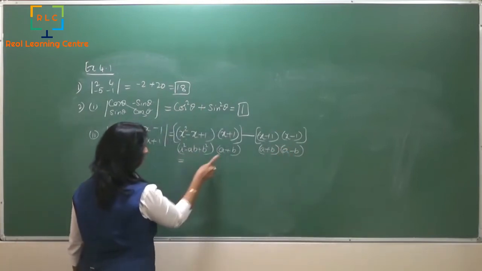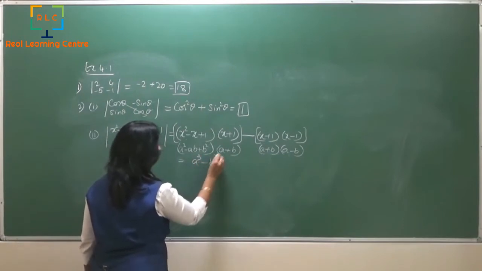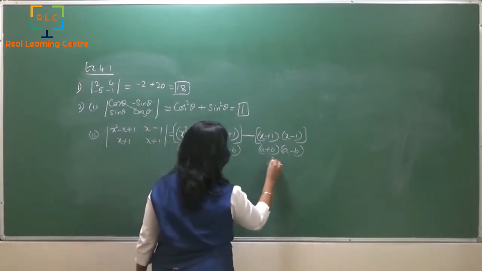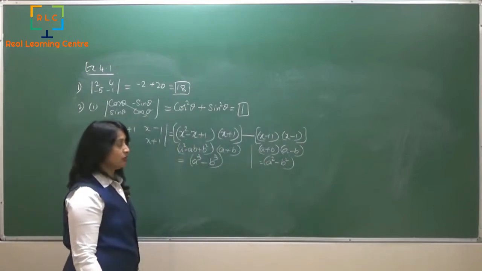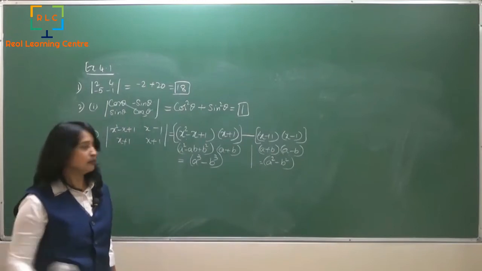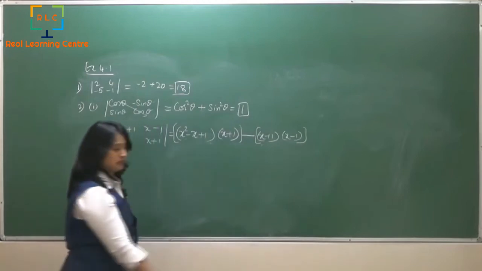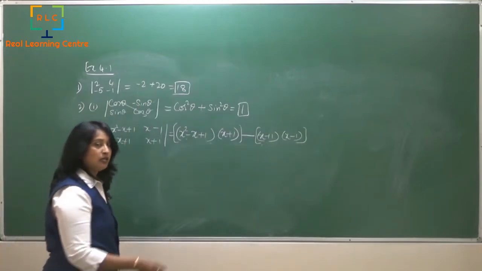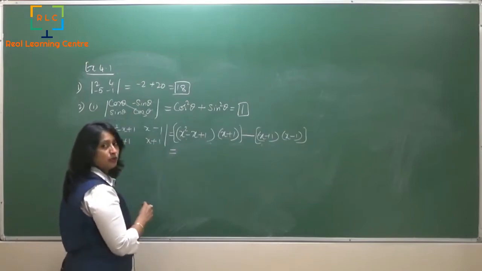What is this equal to? A plus b into a square minus ab plus b square is nothing but a cube plus b cube. And a plus b into a minus b is a square minus b square. So if I use that for this particular expansion, what are you getting? Determinant problems are inclusive of all the algebraic formulae, transformation formulae, or any properties under complex numbers.